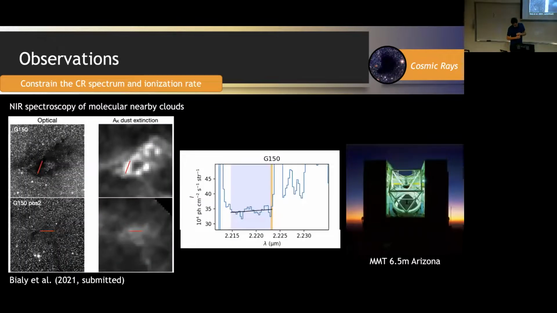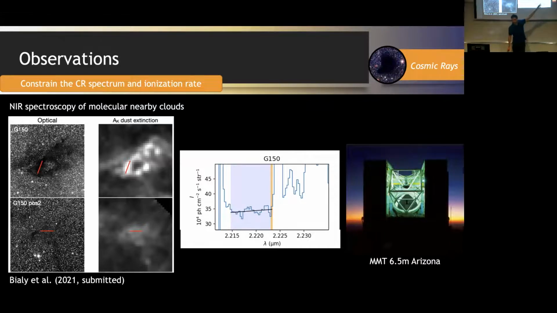We went ahead and tried to do that recently with the MMT, an infrared telescope in Arizona. We got time to look at four molecular clouds, six nights. This is the spectrum. The line is expected to be seen at 2 microns. And here you go.